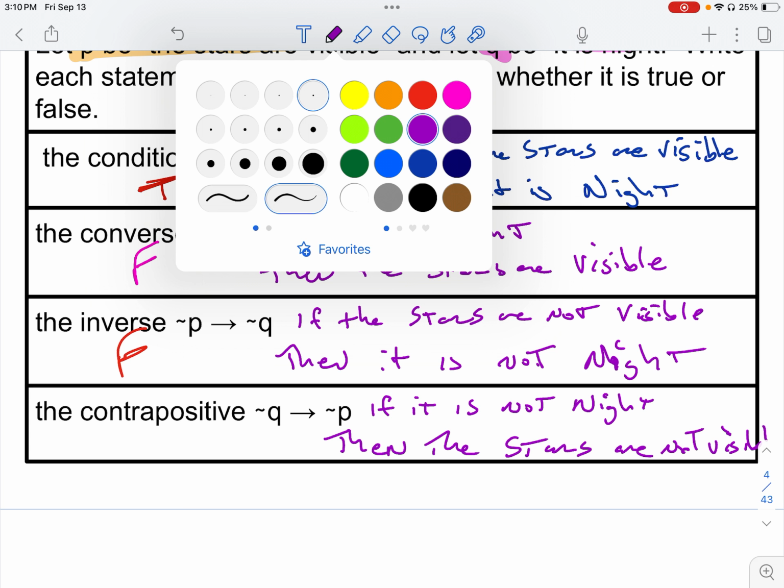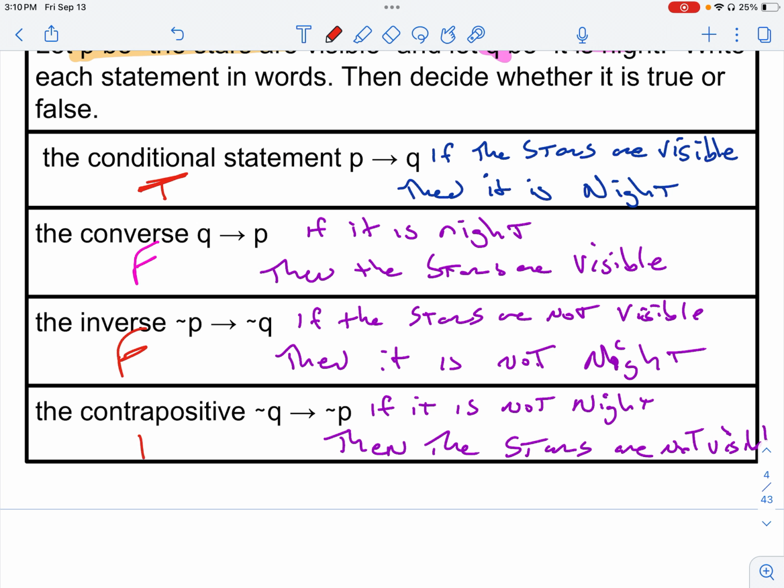Well, we know we can't see them in the day, so that is going to be true. And that's a good place to stop this video. We will pick up the rest of section 2.1 in the next one.